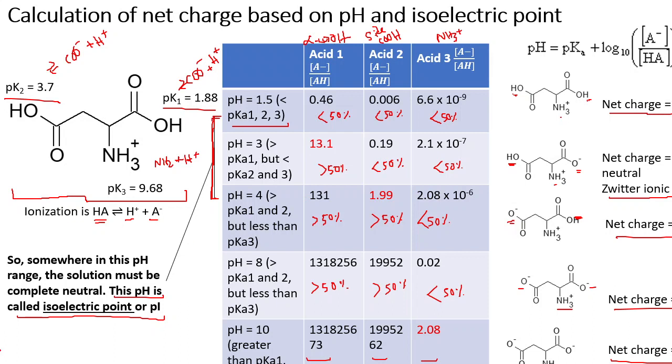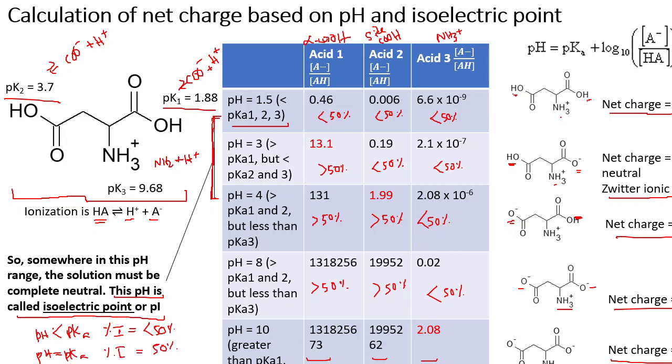We also summarized the whole thing: if the pH of the solution is less than pK, the percent ionization would be less than 50%. If the pH equals the pK, the percent ionization would become 50%.